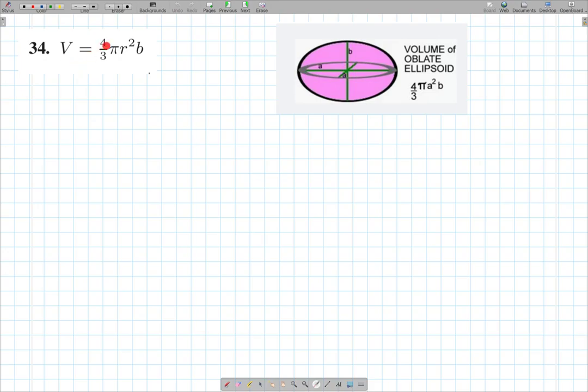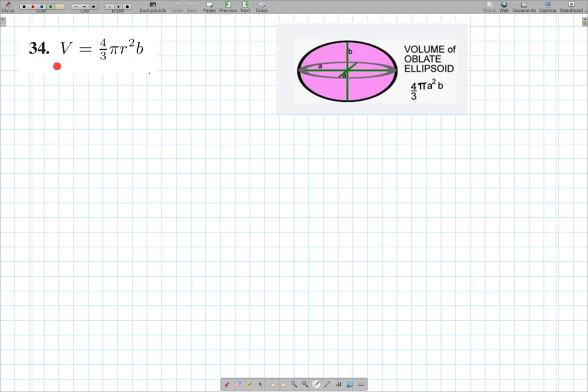Tandaan nyo, ang V equals 4 over 3 pi r square b is the volume of the oblate ellipsoid. So, we will derive this one. So, ilan ang variables natin dito? Dalawa lang, no? V at saka yung r. Okay, of course, pi is constant, that is 3.14. Then b is also constant. Kasi sinabi sa direction, we will treat A, B, C, K as constant.